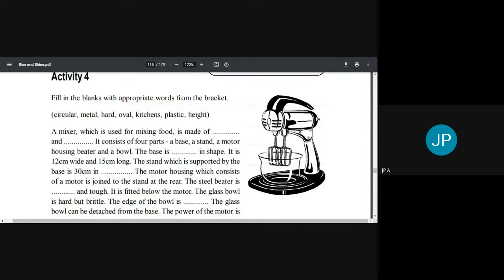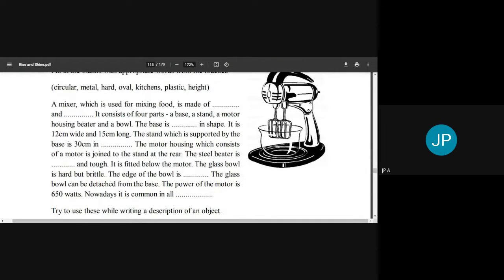So in this activity, we have this mixer being described. We just need to fill up those blanks. The blanks can be filled up using the words in the brackets given on the top. So a mixer which is used for mixing food is made of dash and dash.